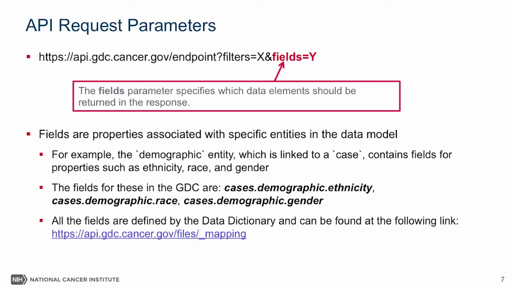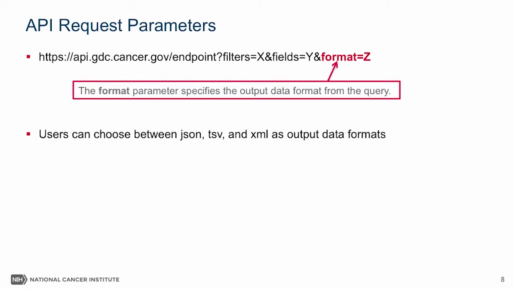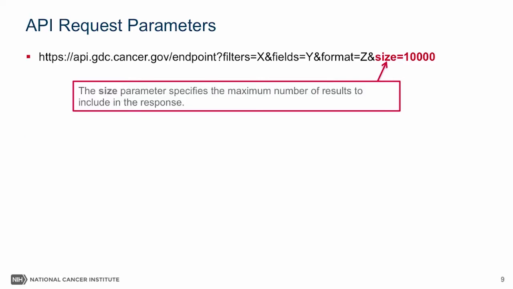All the fields that exist in the data model are defined in our data dictionary or can be found at the following link. The format parameter specifies what kind of output to generate, either JSON, TSV, or XML. Lastly, the size parameter specifies the number of results to be included in the response.